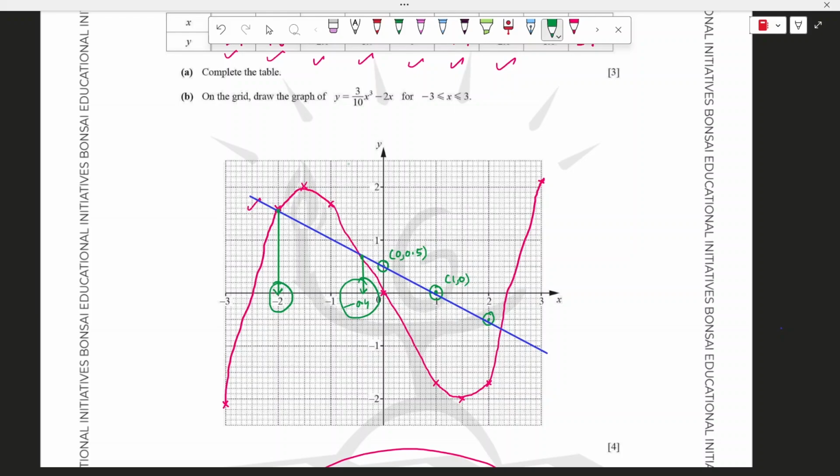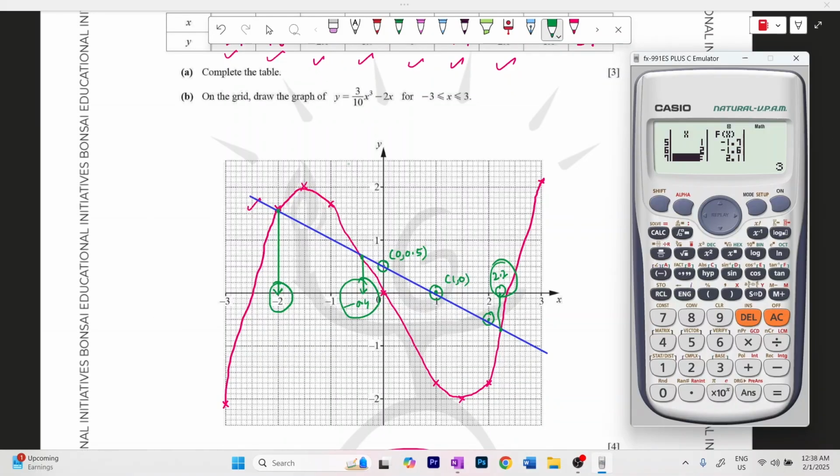And here we got the third x value, approximately here, and we go here. This value is approximately 2.2. So the values are minus 2, minus 0.4, and 2.2.